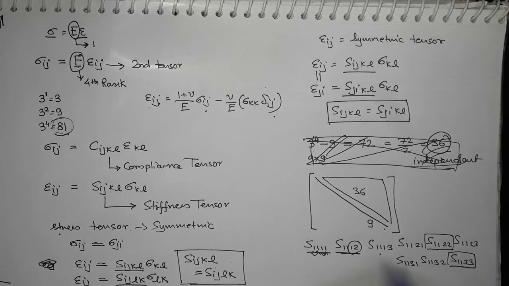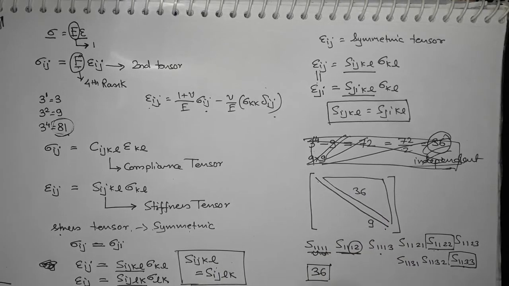right? And we can try to do this in one of the tutorials and check how many components will be affected by the symmetry or not, and the result will be that because of these symmetries we can reduce 81 components to 36 components.